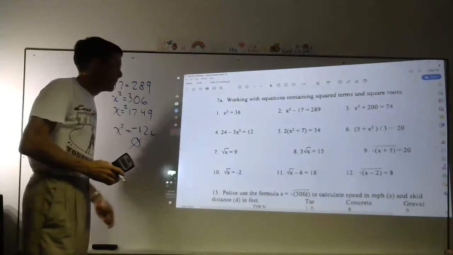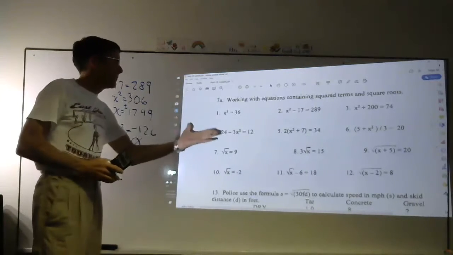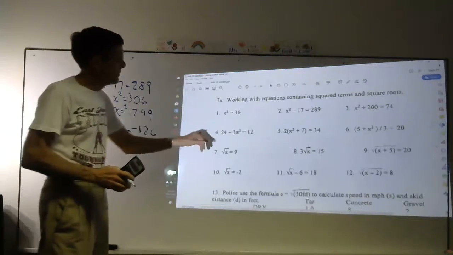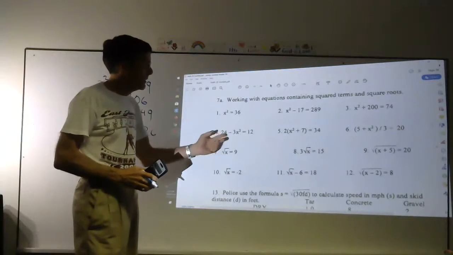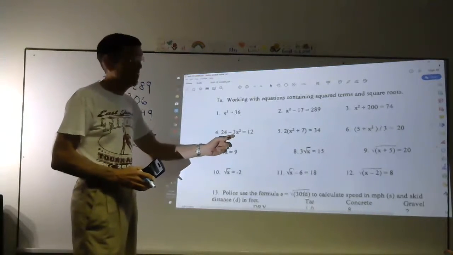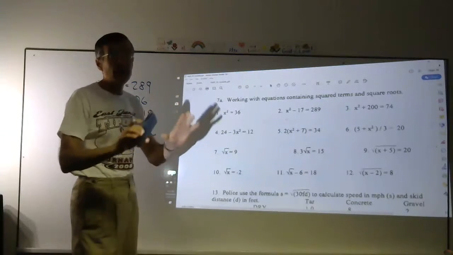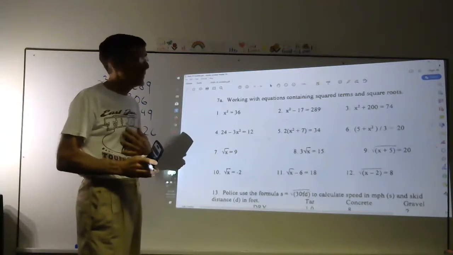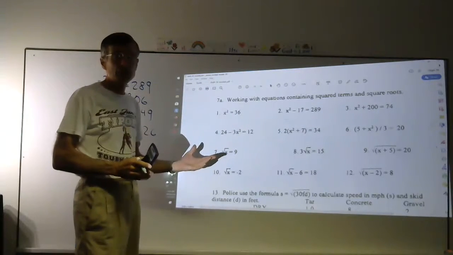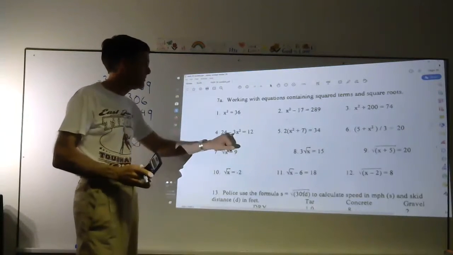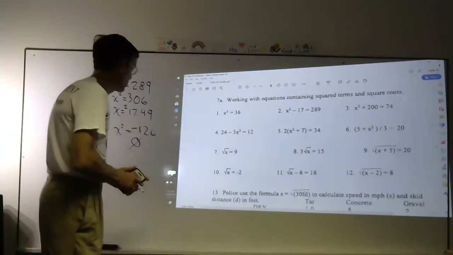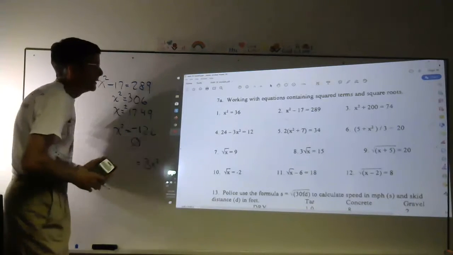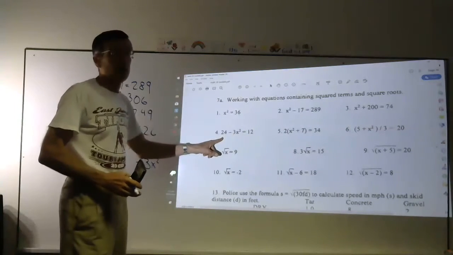How about number 4? We want to try to get the squared term by itself. Now this one is a little tricky, because you've got a number of things you need to get rid of. You need to get rid of a 24 and a -3 before you can even think about taking square roots. So what I would do in this problem, I think I mentioned this when we first started solving equations, is add the 3x squared over to the right-hand side and subtract the 12 from both sides.